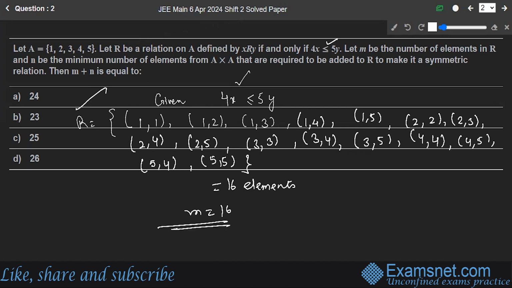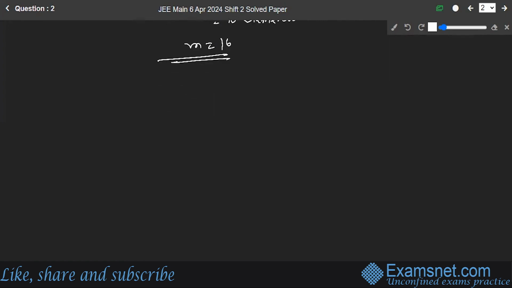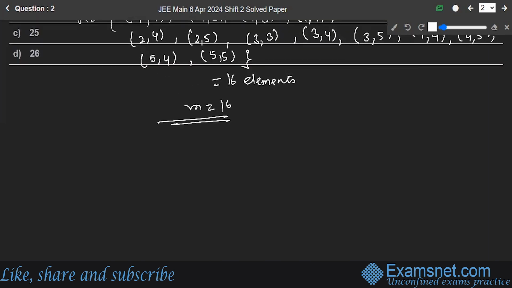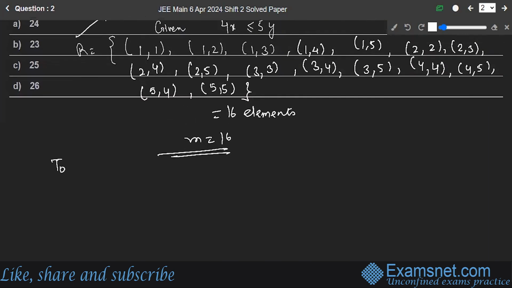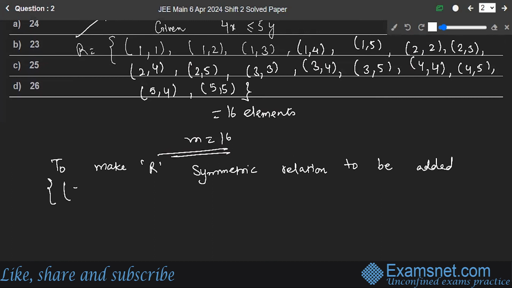Now to make R symmetric, what ordered pairs need to be added? To make R a symmetric relation, the pairs to be added will be 2, 1, because of this one, then it will have 3, 1 also.